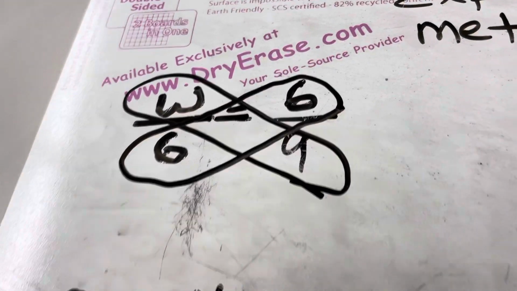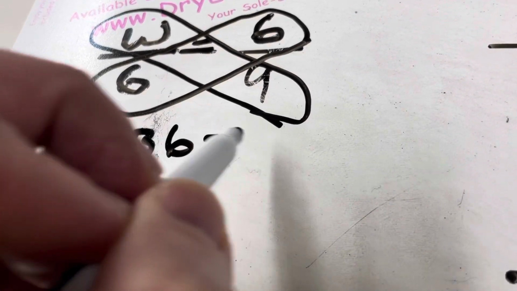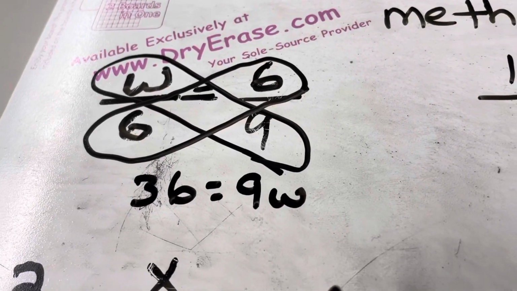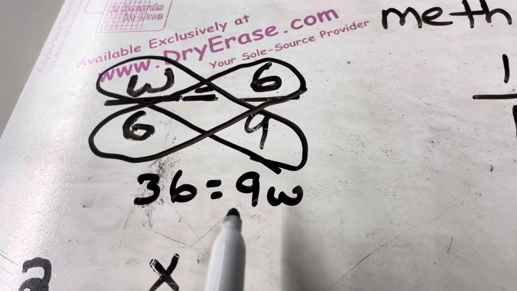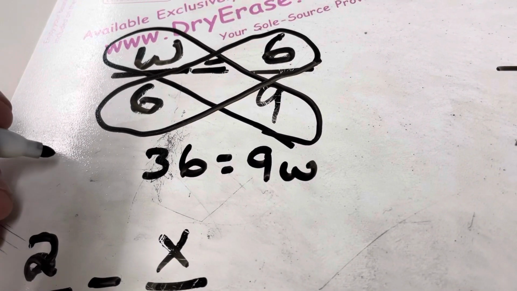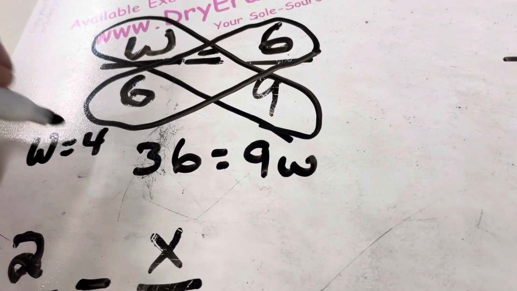We know that 6 times 6 is 36, so we could say 36 equals 9 times w. Now I'm just isolating the variable by dividing both sides by 9. And 36 divided by 9 is 4. And sure enough, w equals 4.